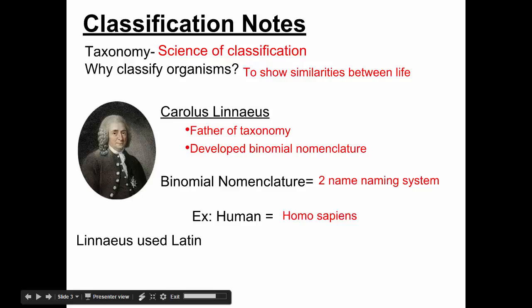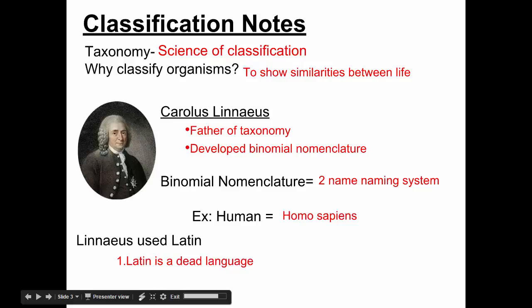And they all sound sort of strange because they're based usually in Latin. Linnaeus, when he was coming up with this system, he used Latin as the language for these scientific names. And he did that for a couple reasons. First off, where do people speak Latin today? Nowhere.